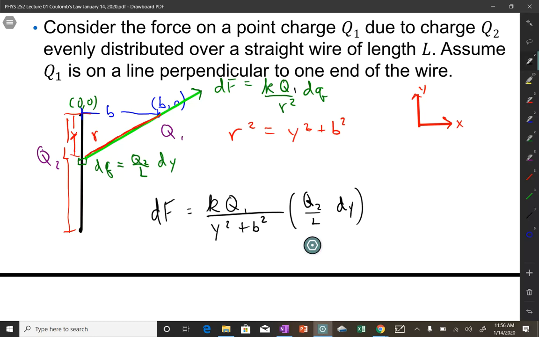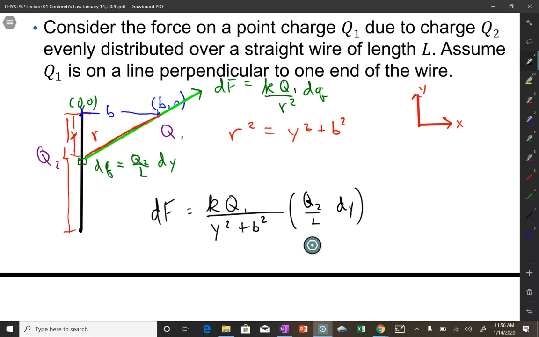So that's df. I do not integrate this equation because it's a vector. I have to break it into components to integrate each direction separately. If I take the little piece up here, then df is pointing this way.